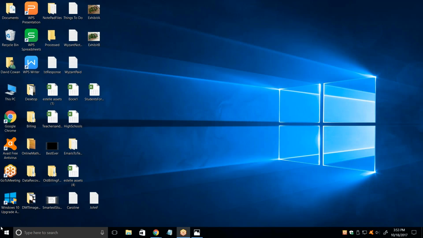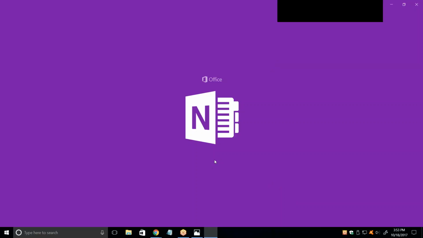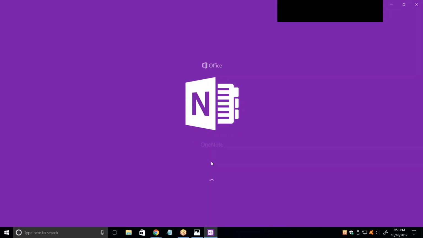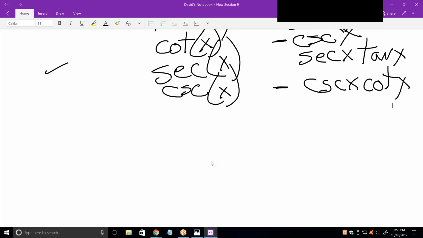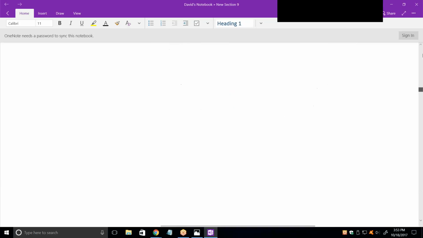Let me bring up my writing page. Parallel lines and a transversal is one of the most important things you're going to learn in geometry. Okay? It really is. There's few things that you're going to get tested on more in terms of geometry than parallel lines and transversals.